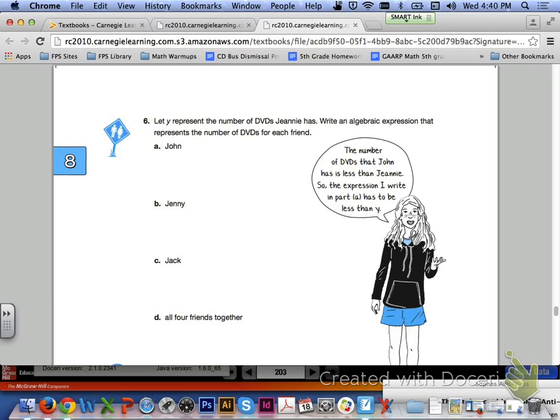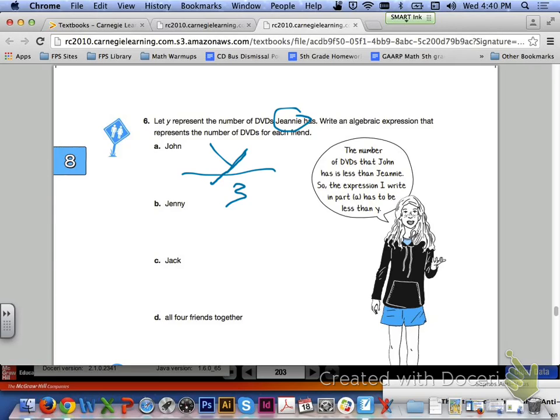It says let Y represent the number of DVDs that Janine has. So Janine has Y. If Janine has Y, and she has 3 times as many as John, John would have Y divided by 3 DVDs.